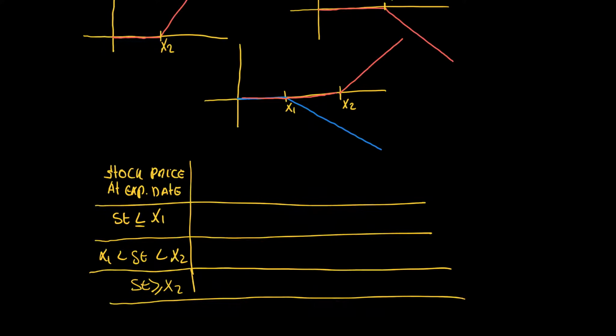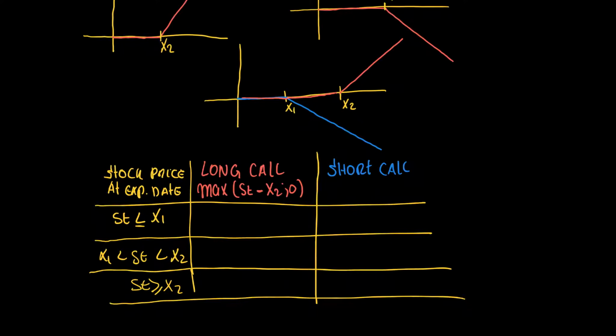Again, remember that we build this strategy by going long on a call, which pays the maximum between ST minus X2 or 0, and we have a short position, a short call, which pays the minimum of X1 minus ST or 0.